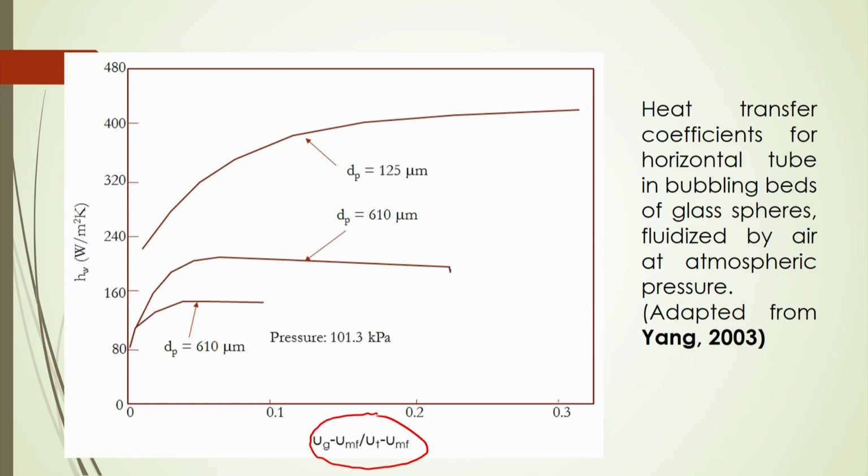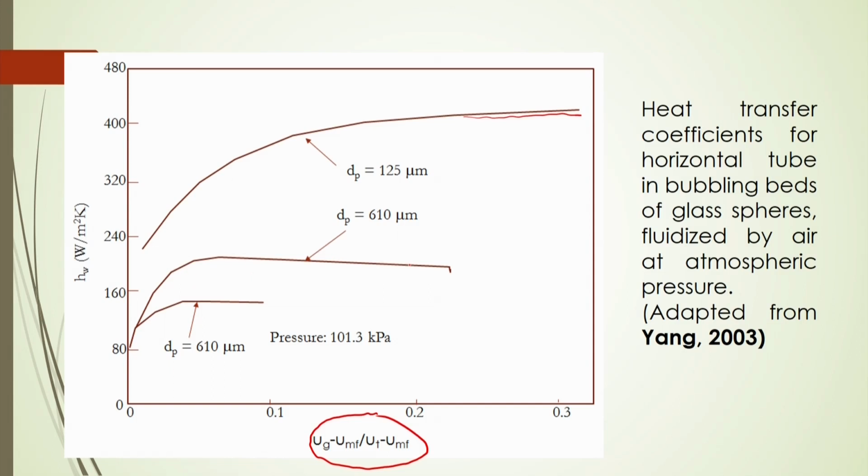Now, if we consider the x axis as UG minus UMF by UT minus UMF, where UT means the terminal velocity of the particles, UMF means the minimum fluidization velocity, and UG is the gas velocity, then you will see that the wall heat transfer coefficient initially increases and then keeps increasing, but the slope decreases.